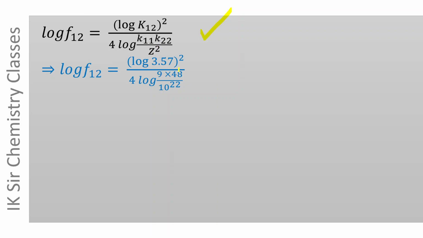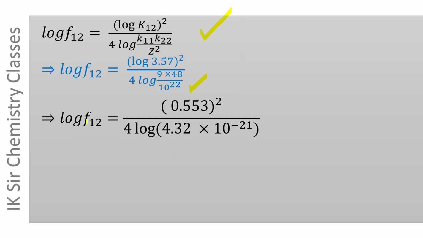The value of K22 is 48 liter per mole per second, and the value of Z is 10 to the power 11, and its square will be 10 to the power 22. On solving it, we have log F12 equal to this term. This is the value of log 3.57 squared, and on solving this term, 9 into 48 into 10 to the power 22 will be equal to 4.32 into 10 to the power minus 21.